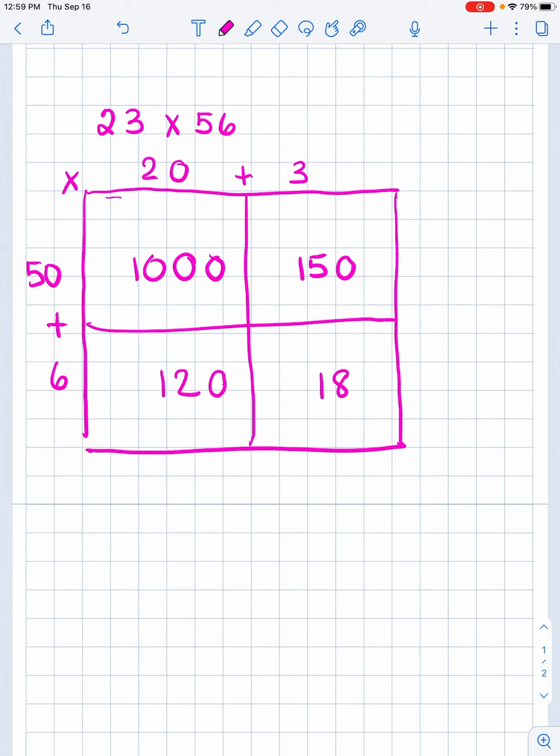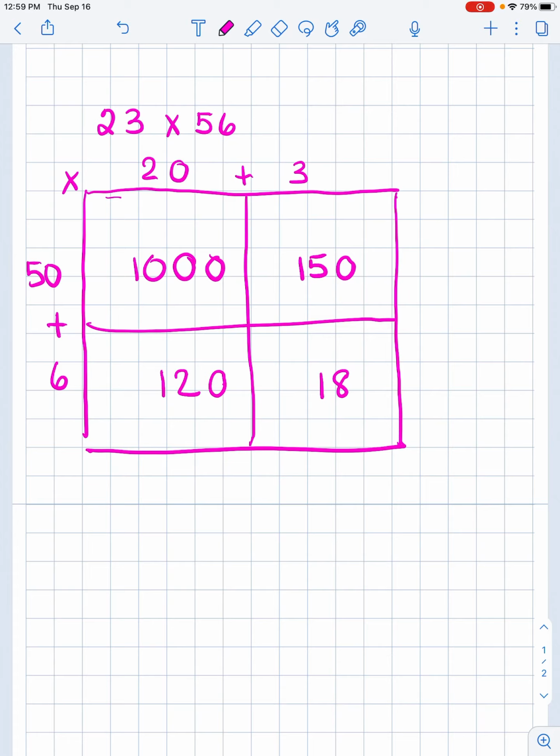And again, just like in the first example, we're going to have to add all 4 of these partial products together.